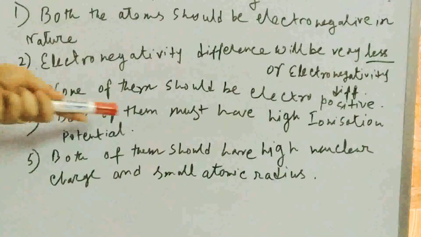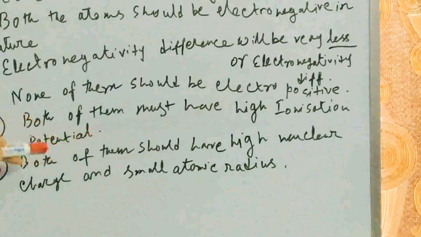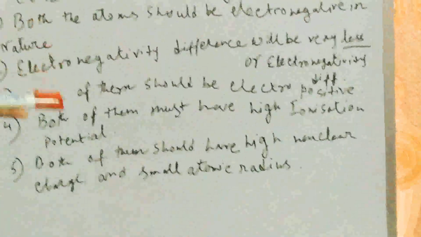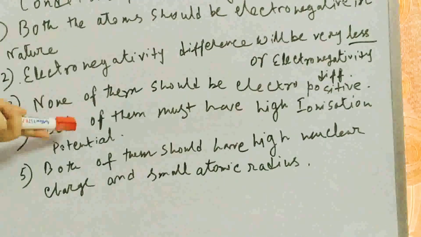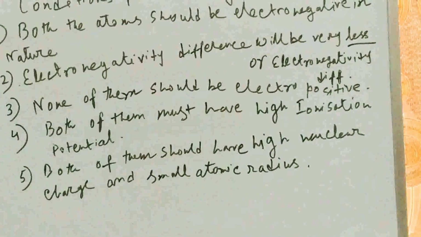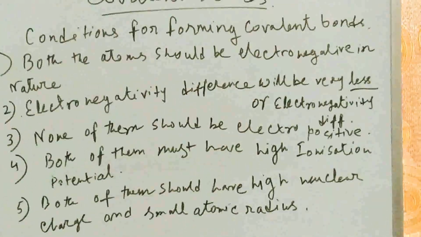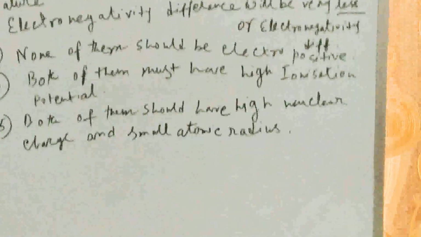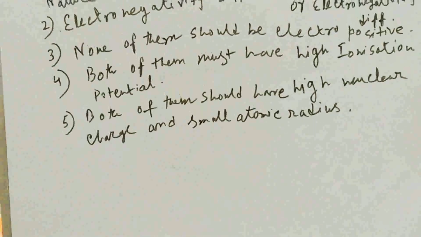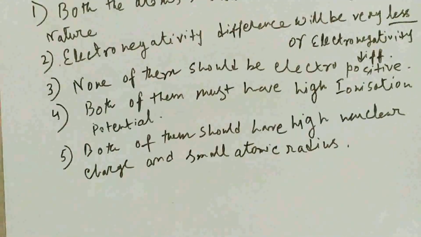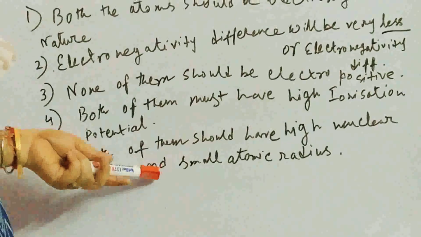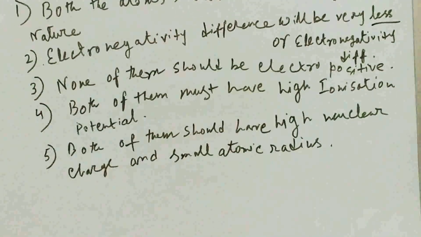Both of them must have high ionization potential. Same thing, if ionization potential of both of them is very high, then electrons will not come out, or the atoms will not lose or gain electrons. There will be only sharing. Both of them should have high nuclear charge.